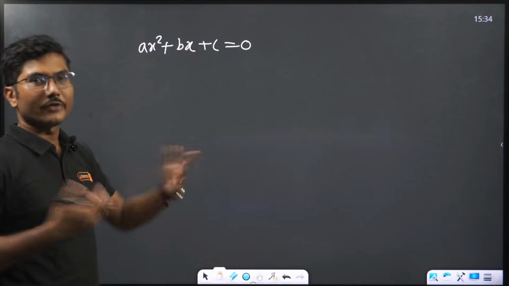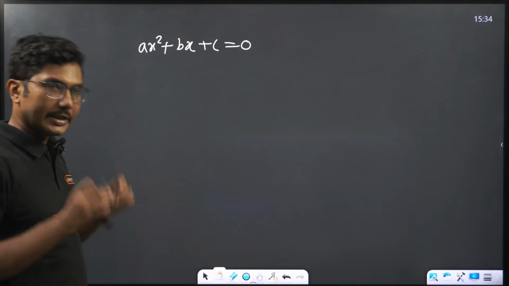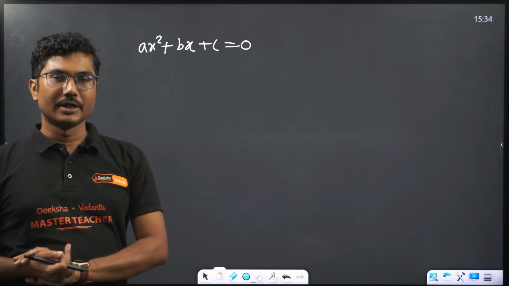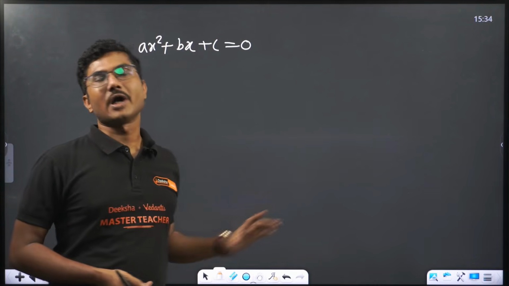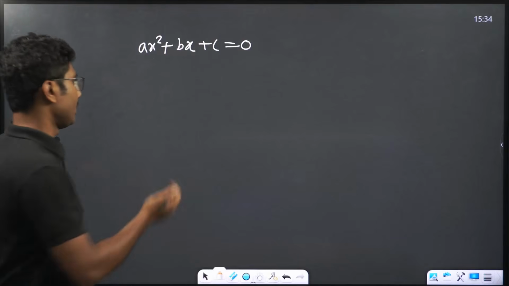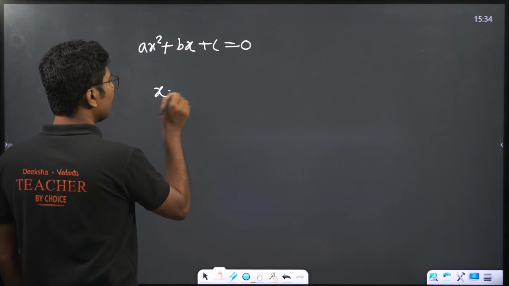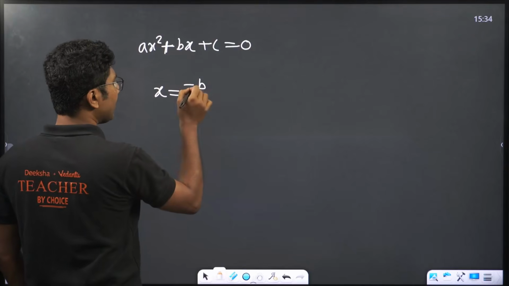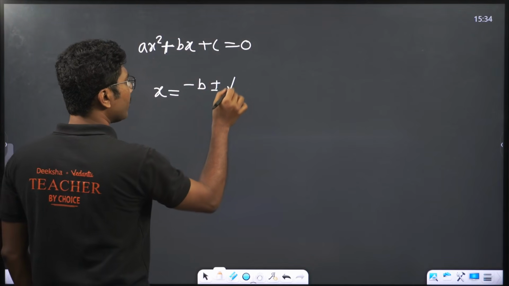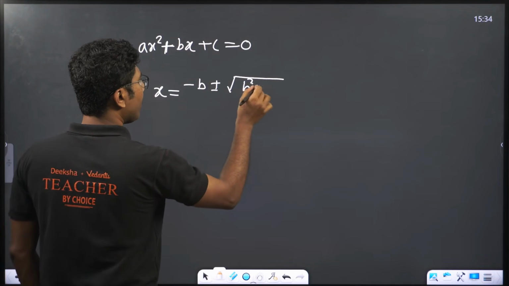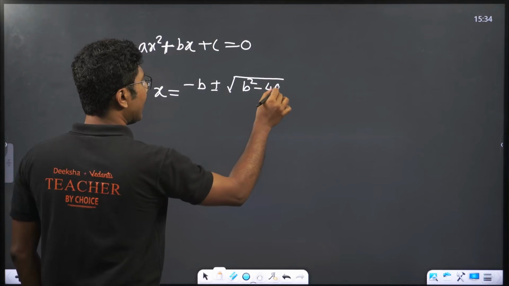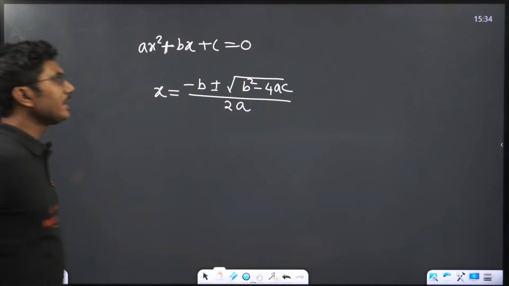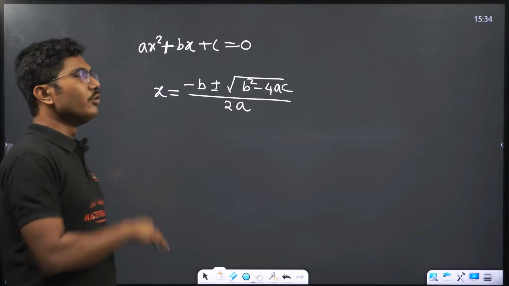There will be only 2 values of x for which this equation is valid, and those 2 values are called roots of this equation, written as x equals minus b plus or minus square root of b square minus 4ac divided by 2a.